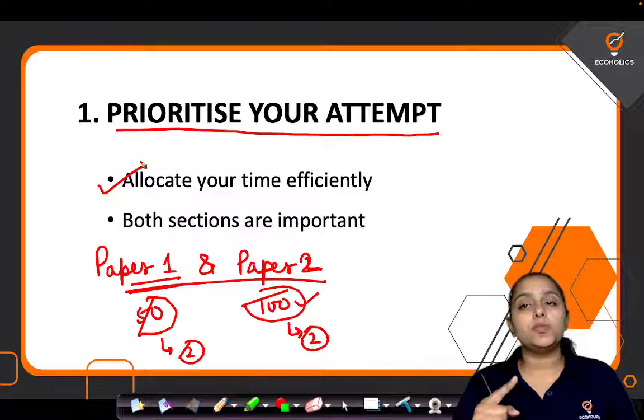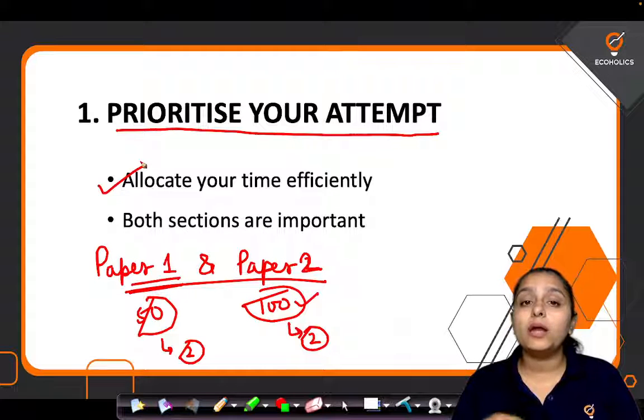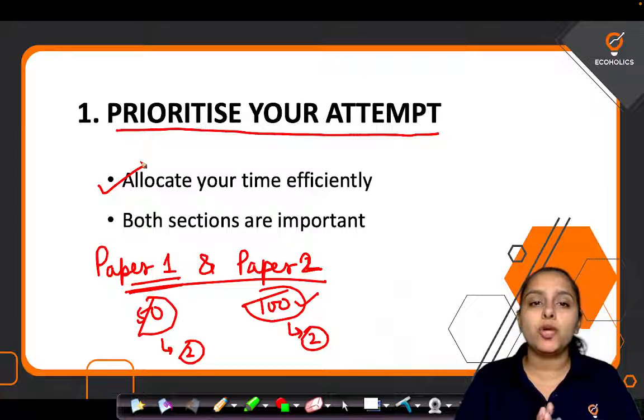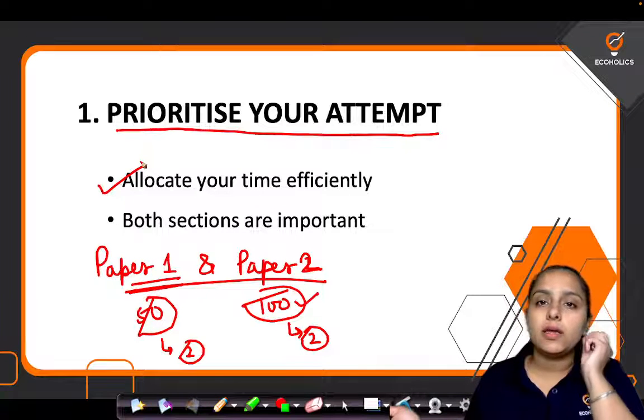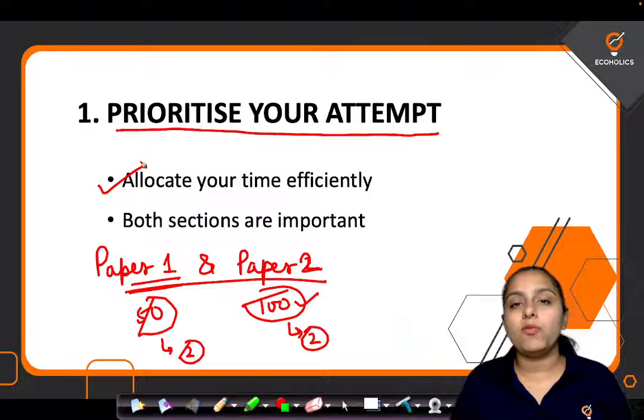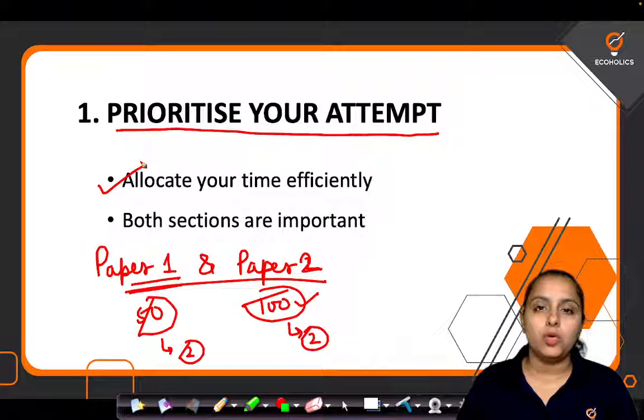This thing should also be followed when you are practicing, when you are learning. If you are studying 2 hours a day, you should not spend the whole 2 hours only studying economics, paper 2, and just pick up your paper 1 books at the end when the exam is approaching. No, that you should not do.